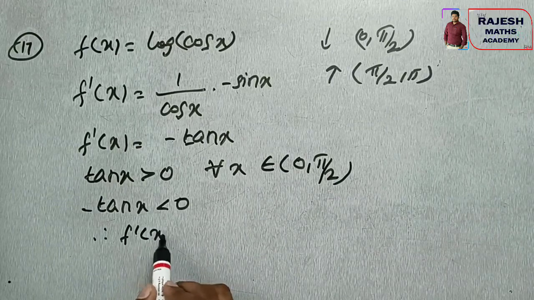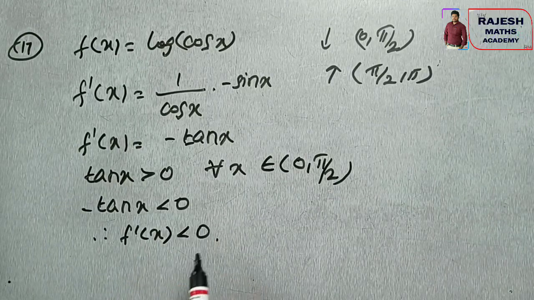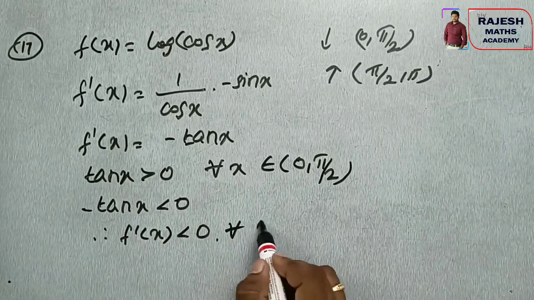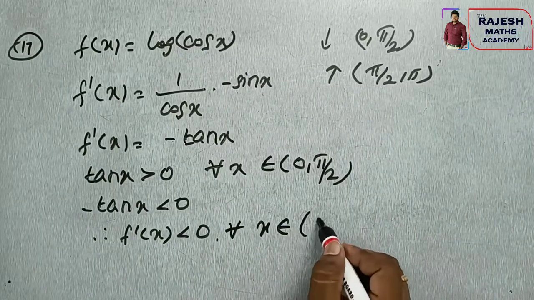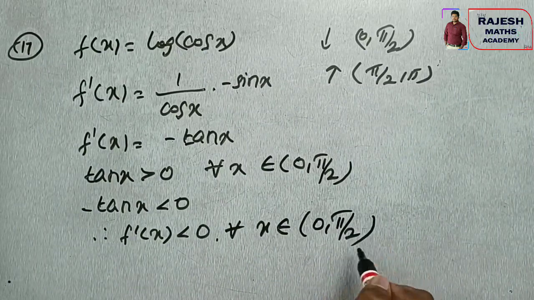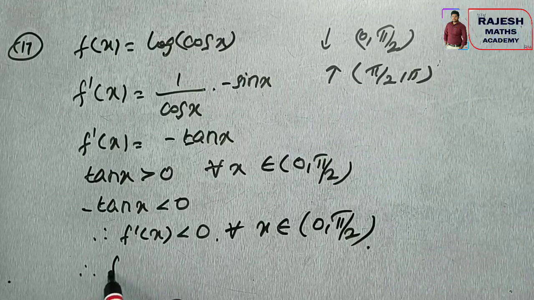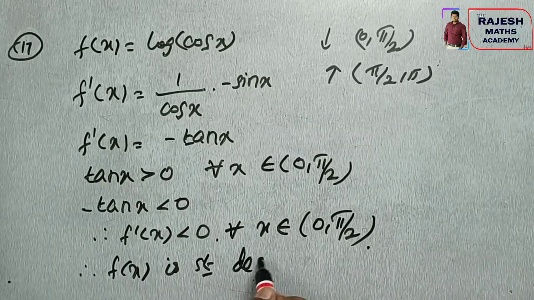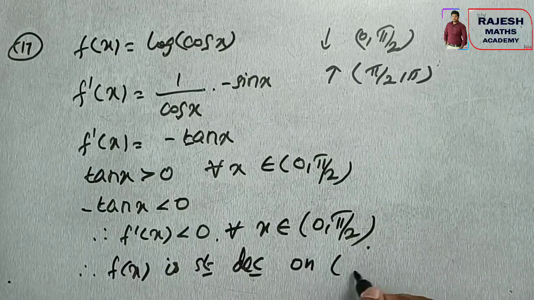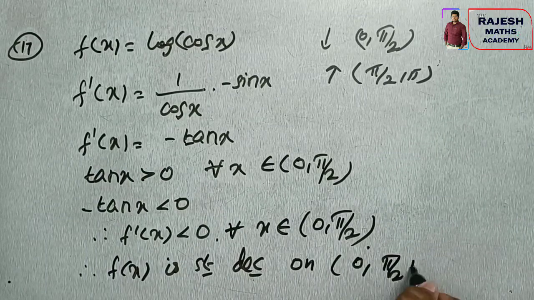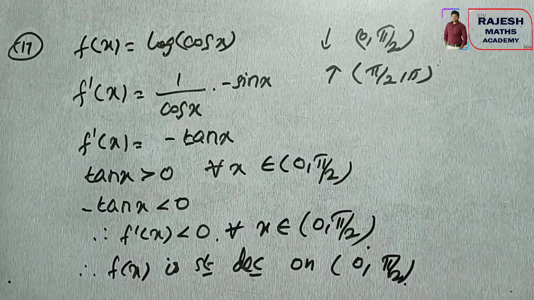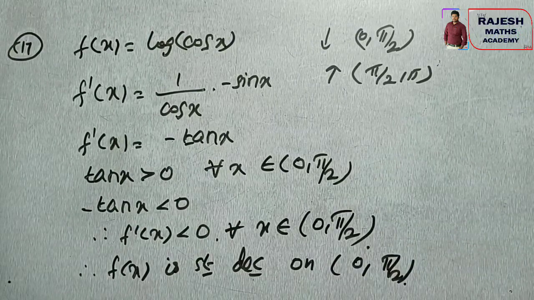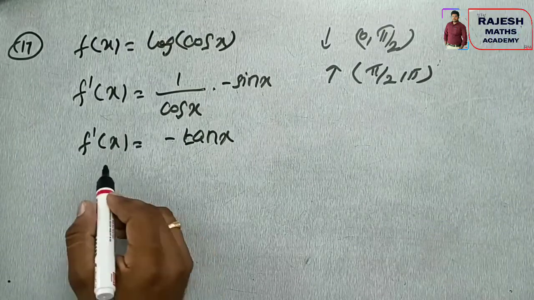Therefore minus tan x, which is nothing but f dash of x, is less than 0 for all x belonging to the interval 0 to pi by 2. Therefore f of x is strictly decreasing on the interval 0 to pi by 2. Second case, what do I need to prove? Strictly increasing on pi by 2 to pi. Now the next case, so what is the second case?